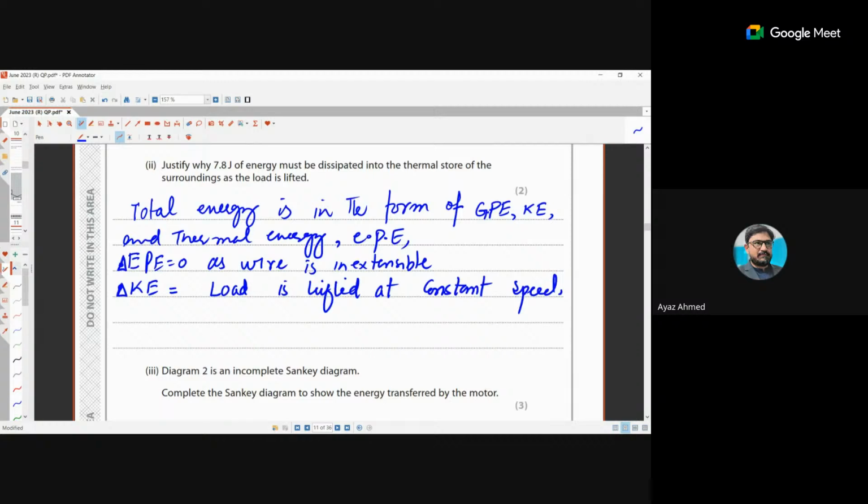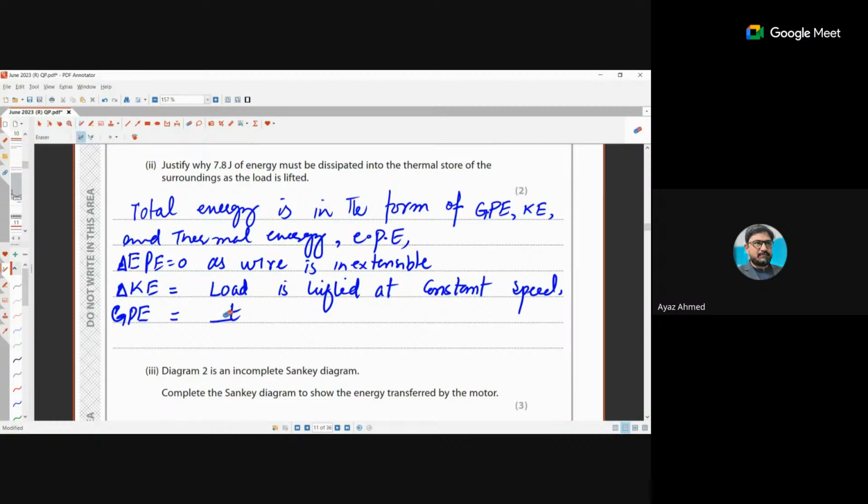That is why there is no change in kinetic energy. The GPE of the load is gained.